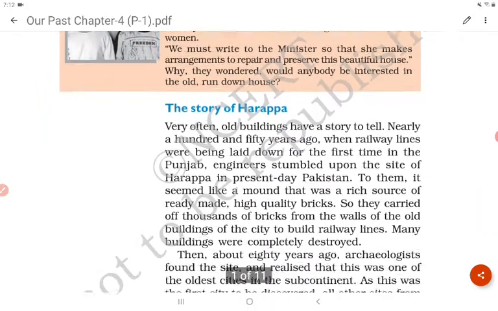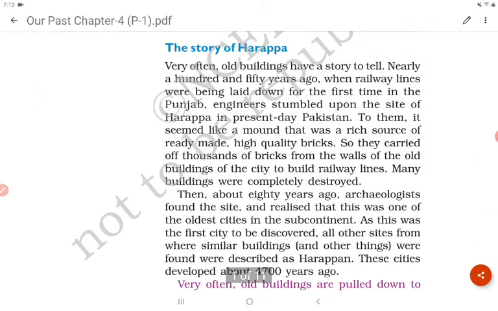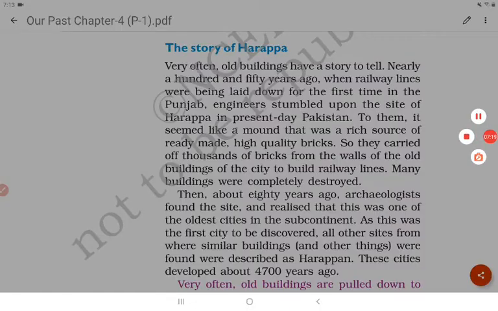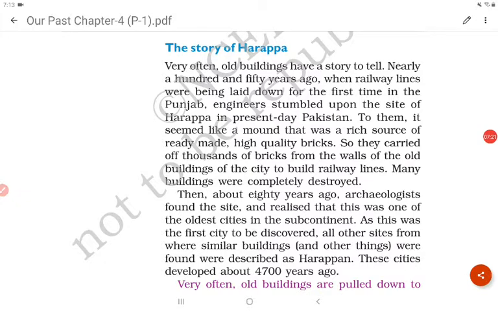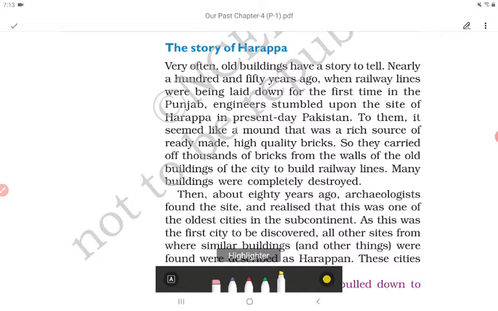The story of Harappa. Very often, old buildings have a story to tell. Nearly 150 years ago, when railway lines were being laid down for the first time in the Punjab, engineers stumbled upon the site of Harappa in present-day Pakistan.